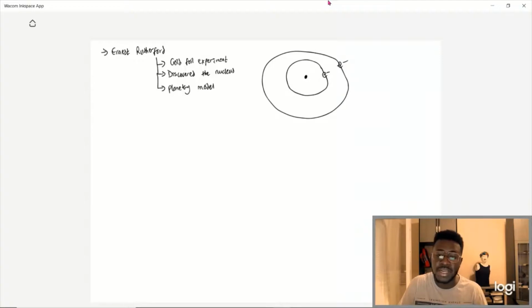So it's called the planetary model because it looks like a sun and it looks like a star with planets around it. So that's why he called it planetary model. So you have negatively charged electrons moving around a positive center. So this is a positive center.